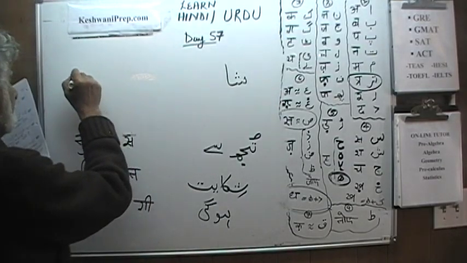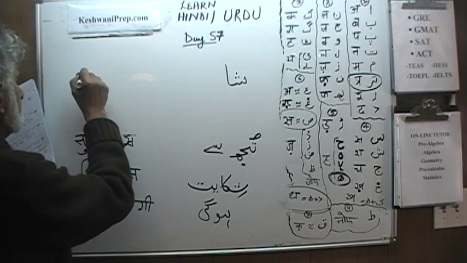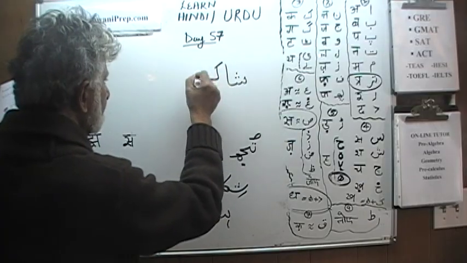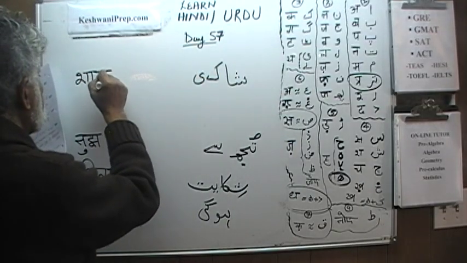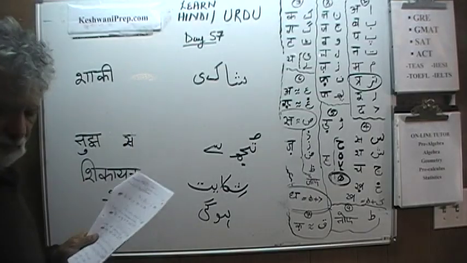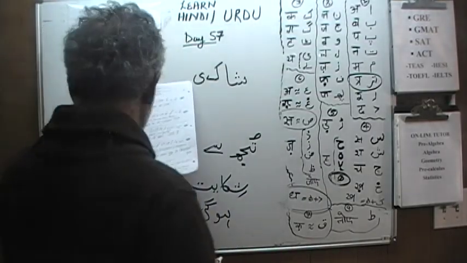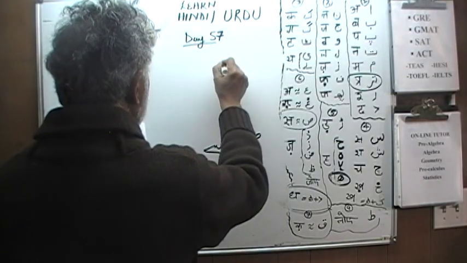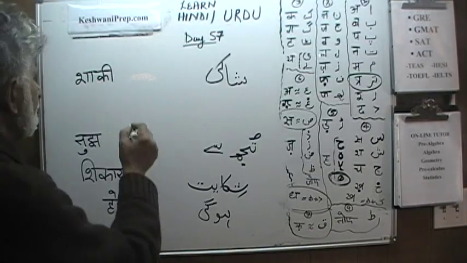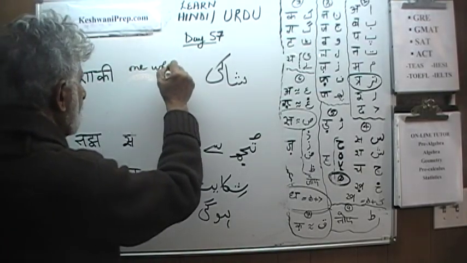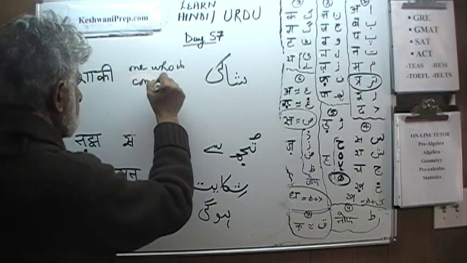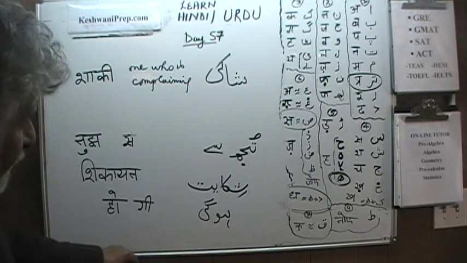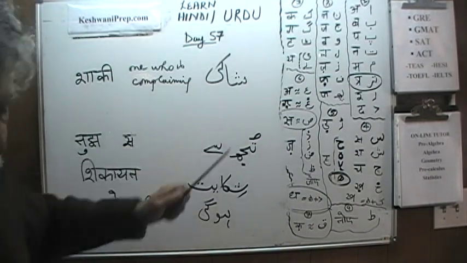Shah, and then Ka and Choti. Shaki. Let's put them together. Kaf and the choti is going to join, Shaki. That means one who is complaining. Because as you can see, the root of shikwa is in it. Shikwa, shikayat, shaki. You see it?